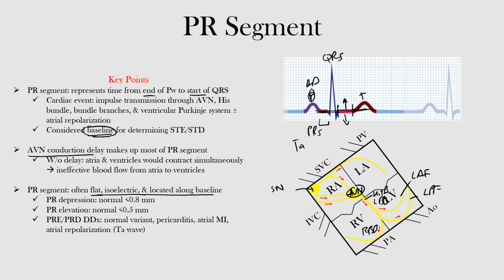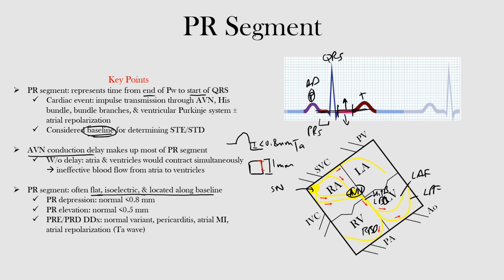Now, PR depression, if it's present. If you imagine that, it would be going down. So this area here would be PR depression, and normal is less than 0.8 millimeters. Remember, one small box from here to here is 1 millimeter, so this is even less than that. About this portion here would be 0.8.